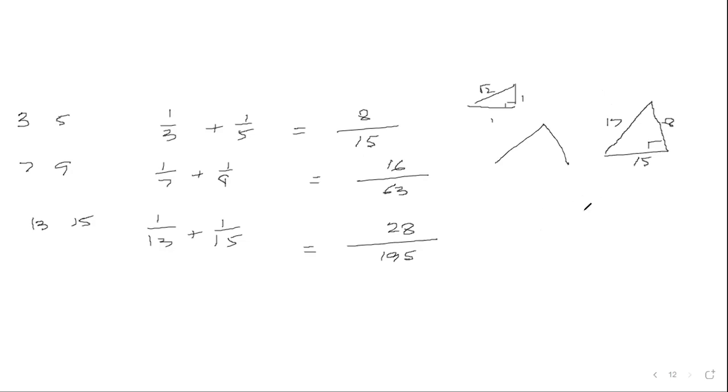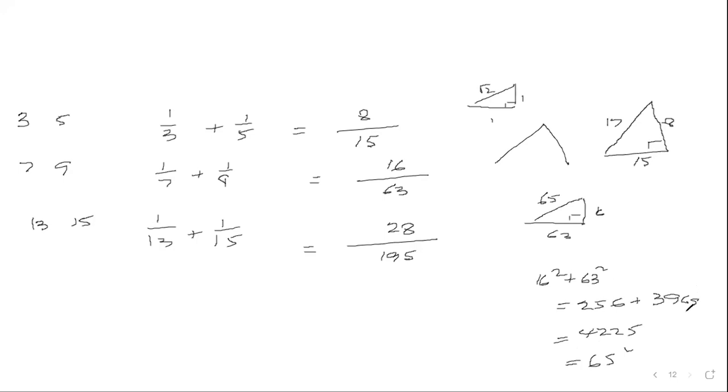Now here, if you try 16 and 63, and if you let one side be 16 and one side be 63, and if you calculate 16 squared plus 63 squared, which is 256 plus 3,969, I just happen to know my squares quite well, which is 4,225, and that is 65 squared. So you actually get 65 here.